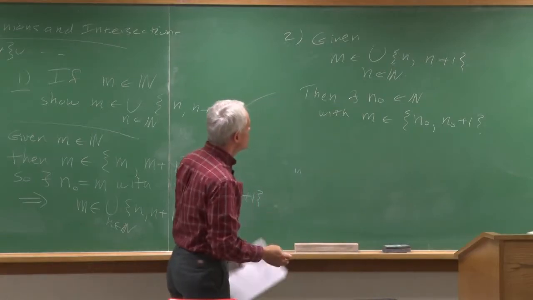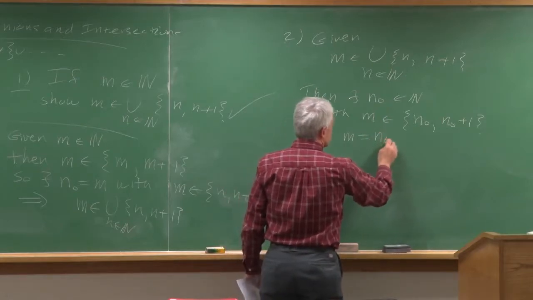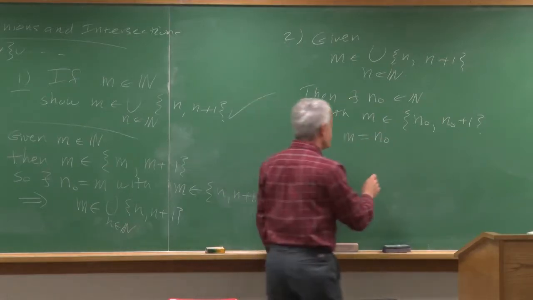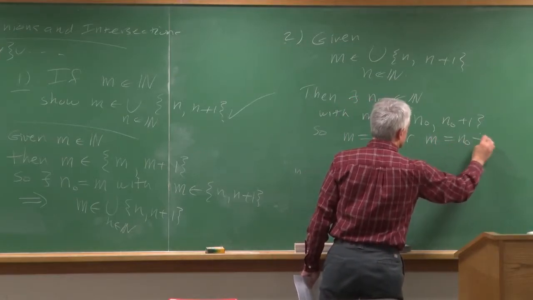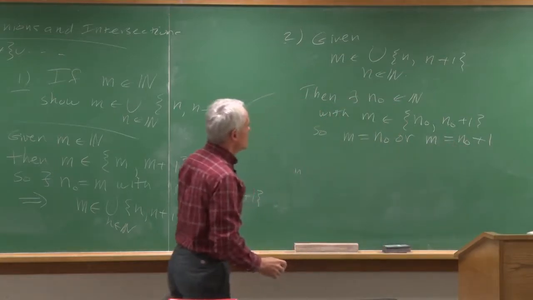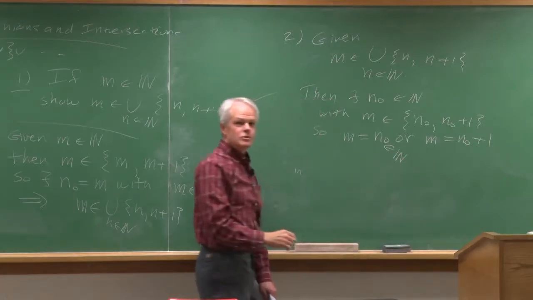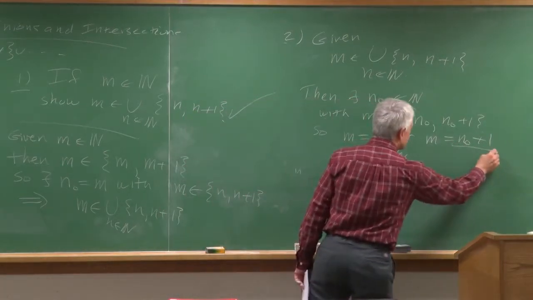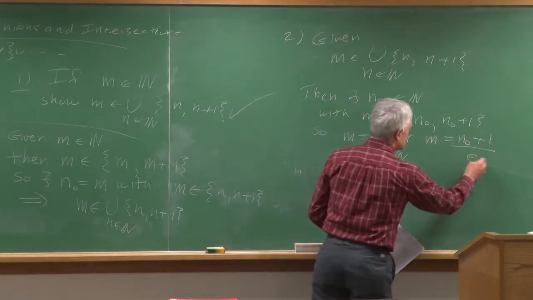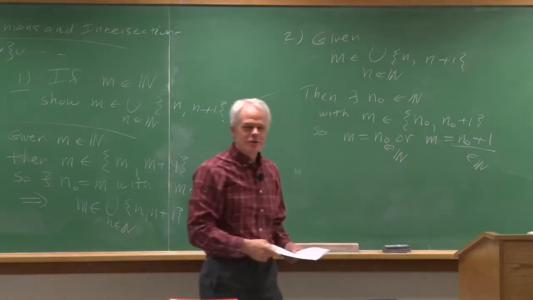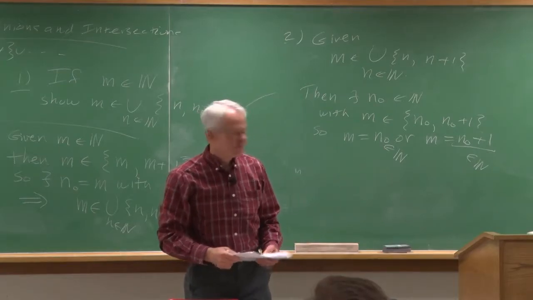Well, so then there's only two things it could be. And we said this was in the natural numbers. How about this? Is that a natural number? Yeah. I think you talked about this kind of formally, that if you add 1 to a natural number, you always get a natural number, right?